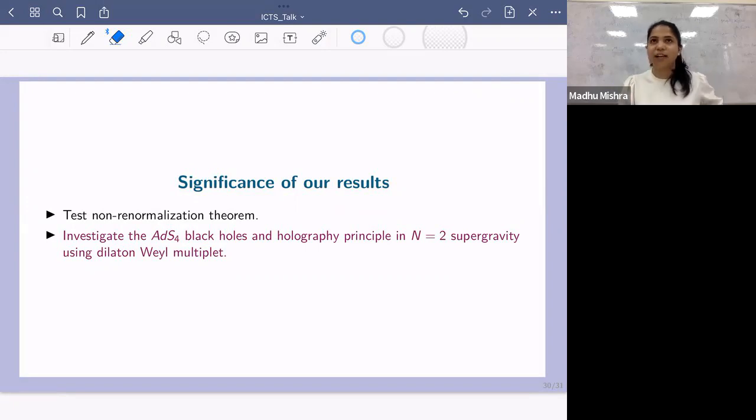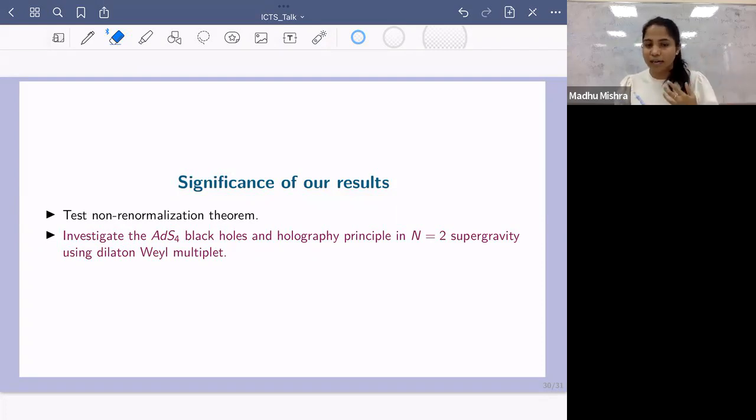We want to check if this action will contribute to the entropy that has been calculated, and whether they provide extra terms or they vanish if there is no other extra term. So we want to test that, which was done for the new higher derivative invariant that I mentioned earlier.